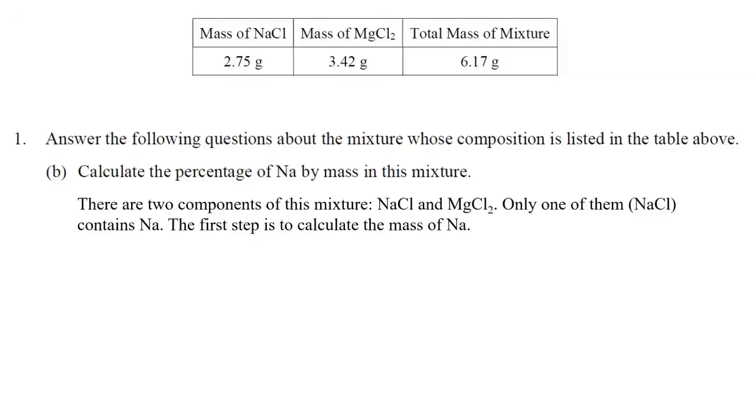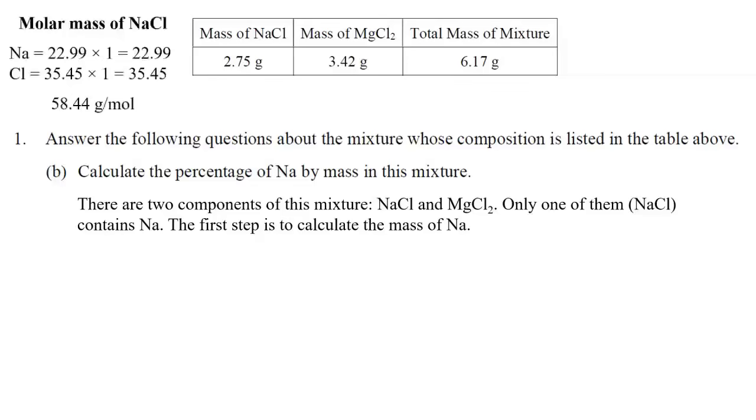So our first step is to figure out how many grams of sodium are present in the mixture. On the periodic table, we can find the atomic mass of sodium, 22.99, and the atomic mass of chlorine, 35.45. Together, that's 58.44 for the formula mass or the molar mass of sodium chloride.